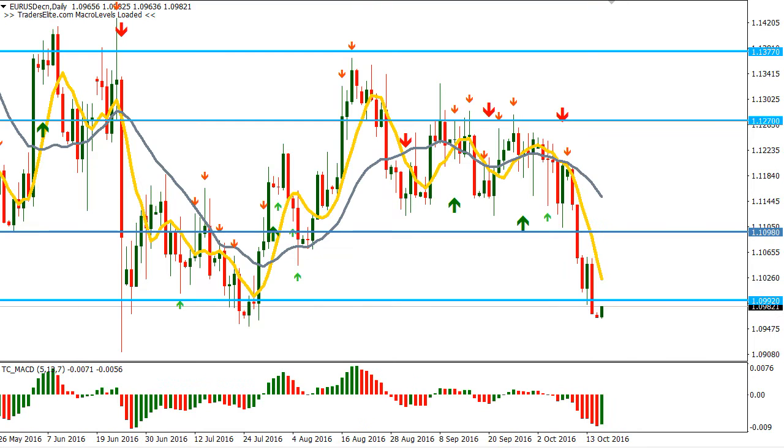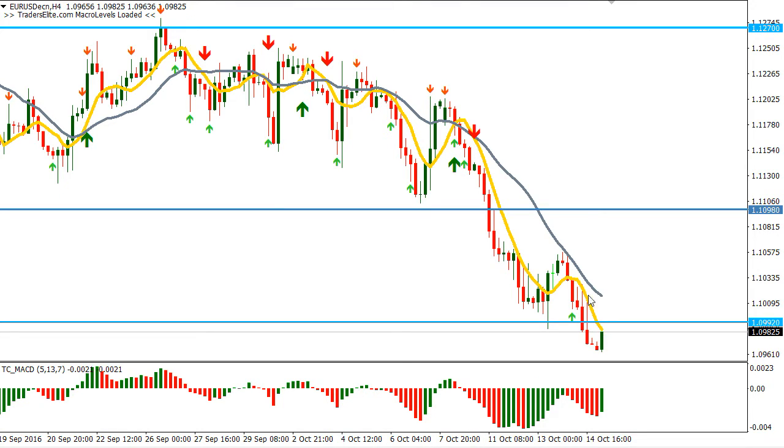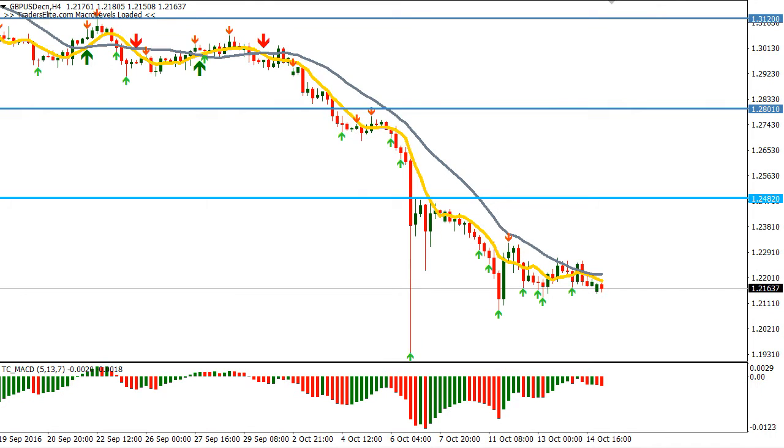So if we zoom in a little bit on the daily, if it closes below this 109.92 macro level, then we can probably see further falls to the downside. Again, though, it is looking fairly oversold on the shorter time frames, so I wouldn't be too surprised if it popped back up to the 110.98 before a possible resumption of the downward move.